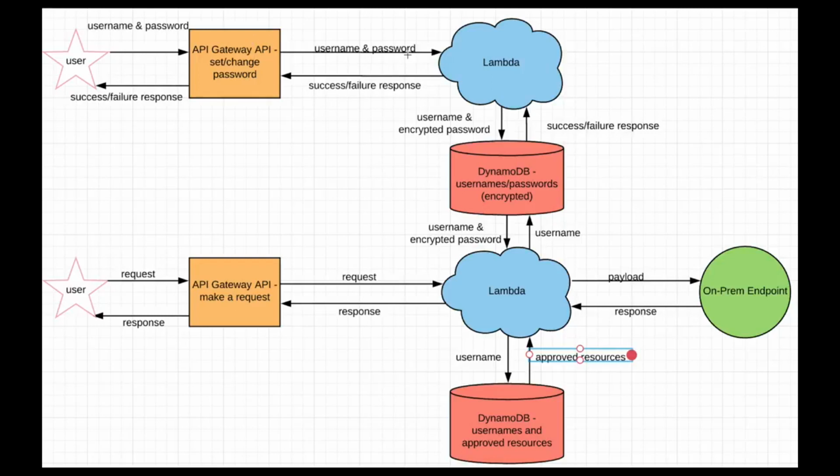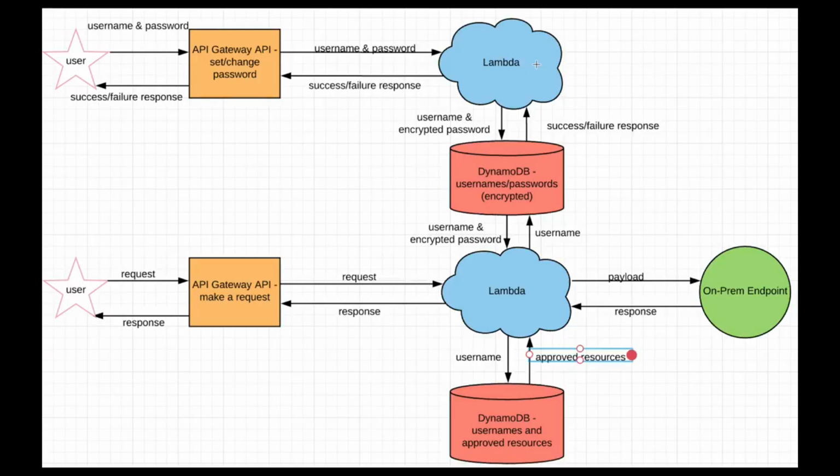Basically, they just send an HTTP request to an endpoint, which goes to API gateway, which forwards the username and password to a Lambda. And the Lambda function then checks if the user is already in this database here. If they are, then it just updates the user's password. If they're not in the database, then a new user is created with that username and password.